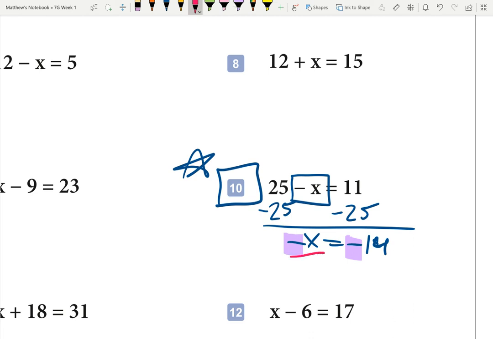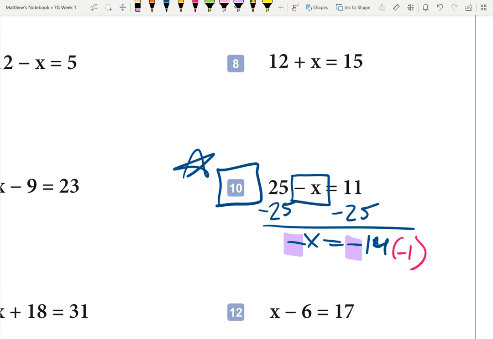Meaning I could divide negative x by negative 1, for example, on both sides. Or I could multiply both sides by negative 1. Because remember, when I do a negative times a negative, it in turn gives me a positive. Just like over here, negative 14 times negative 1 is going to give me positive 14.